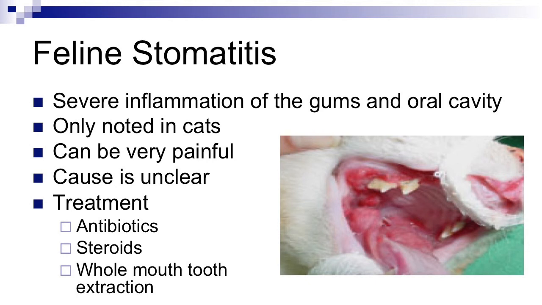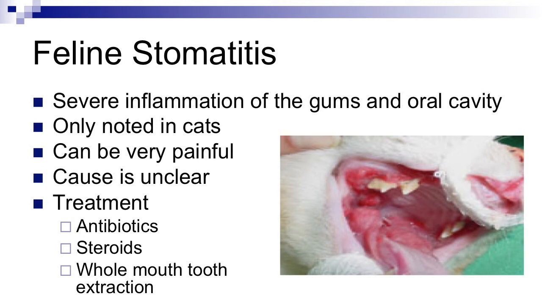We think that in the majority of these, it's some sort of hypersensitivity, some sort of overactive immune response to the bacteria in the mouth. Treatment varies. Sometimes antibiotics are used, sometimes steroids are used because steroids suppress the immune system and control that reaction.